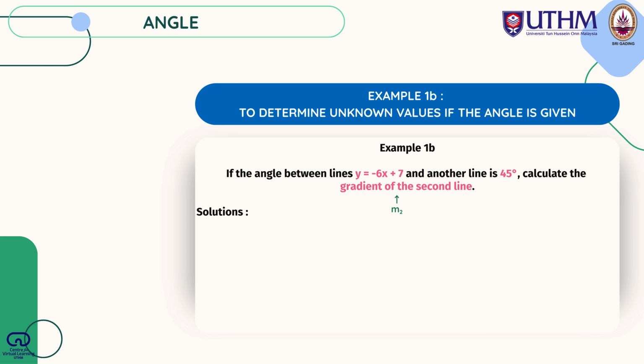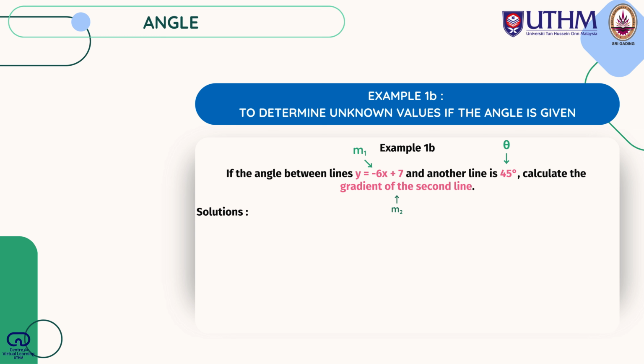Example 1b. Now, let's try the reverse process. You are told that the angle between two lines is 45 degrees, and one of the lines is y equals to -6x plus 7. From the equation, we have m1 equals to -6 and theta equals to 45 degrees.